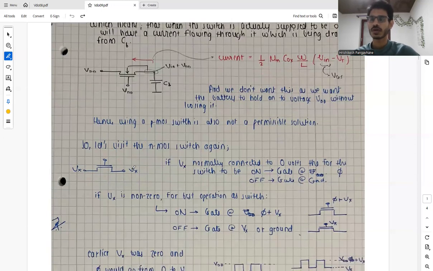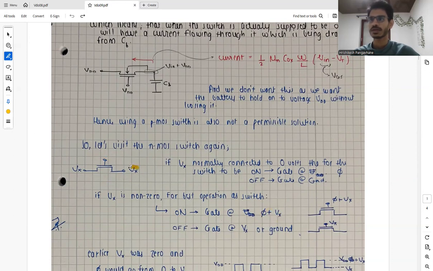But this was for Vx to be 0. What if Vx is a non-zero value? So let's say Vx is not 0, but it has some value, denoting that it's at some voltage Vx. For the best operation of this switch, when we want this switch to be on, the gate of this switch is connected at 5 plus Vx.